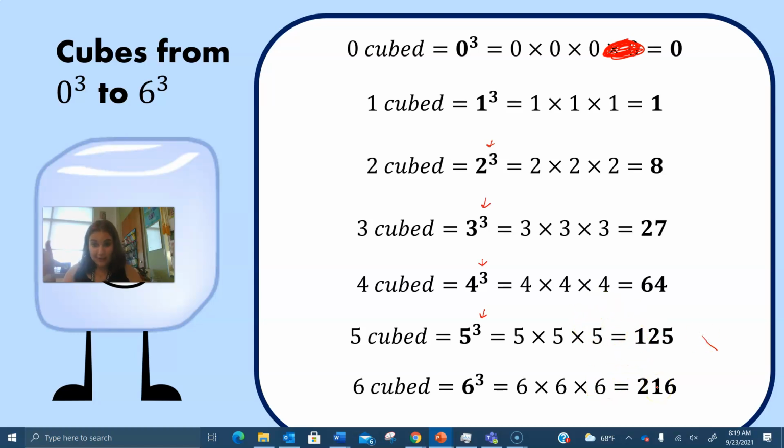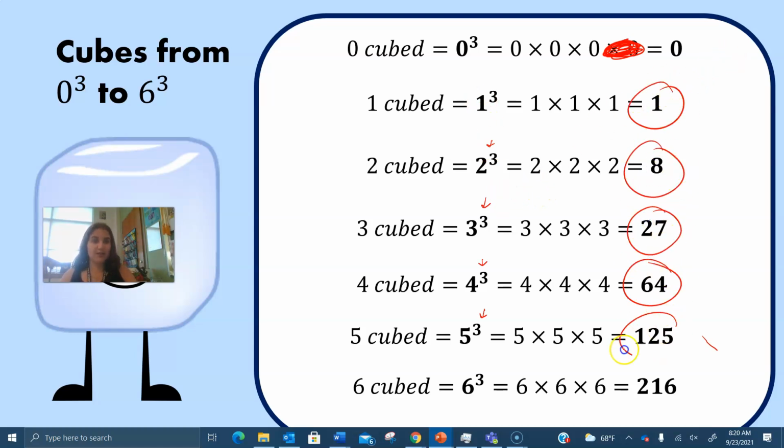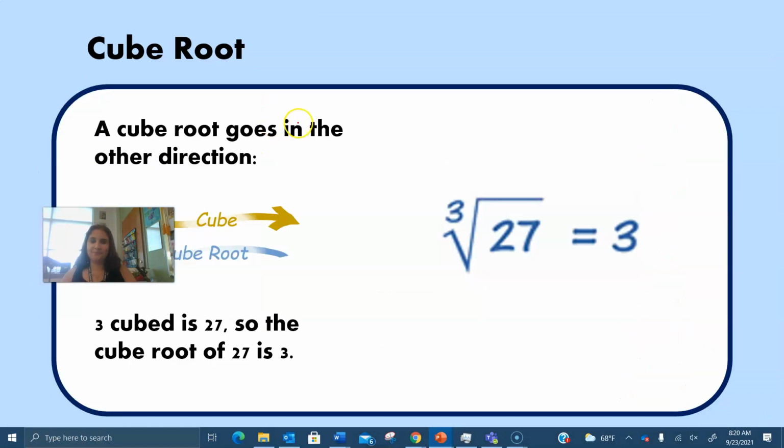And these aren't the only ones. It keeps going. There's 7 times 7 times 7, 8 times 8 times 8, 9 times 9 times 9, 10 times 10 times 10. All of these are the cube numbers. If you had that many blocks, it would make a cube if you put them together.